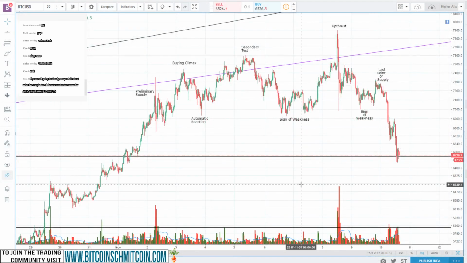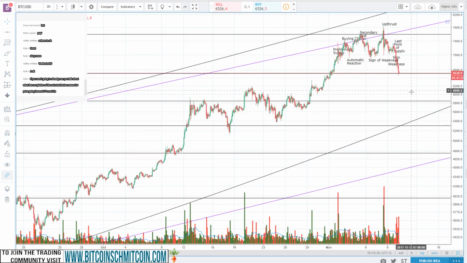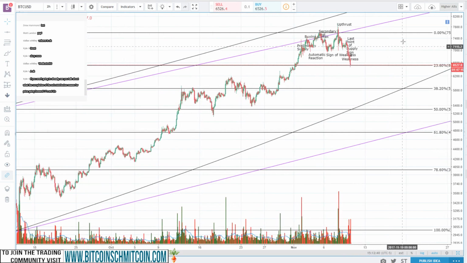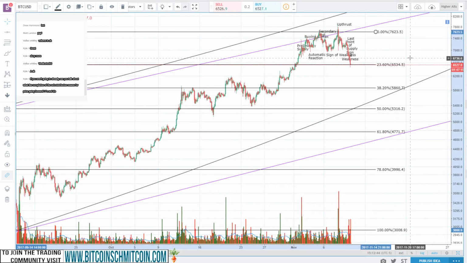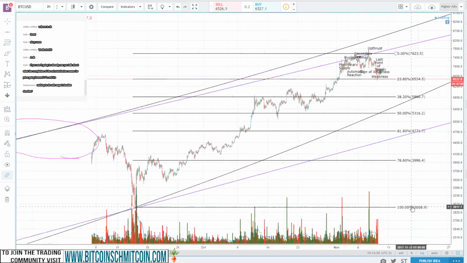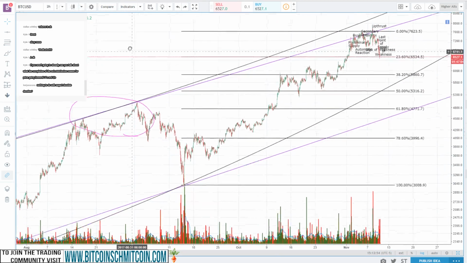If we zoom out to the 120-minute candles, we can see that this fits really nicely with this Fibonacci retracement set right here, where we can mark the 0 at the 7,600 and the 100% retracement at the 3,000 level, something like this.